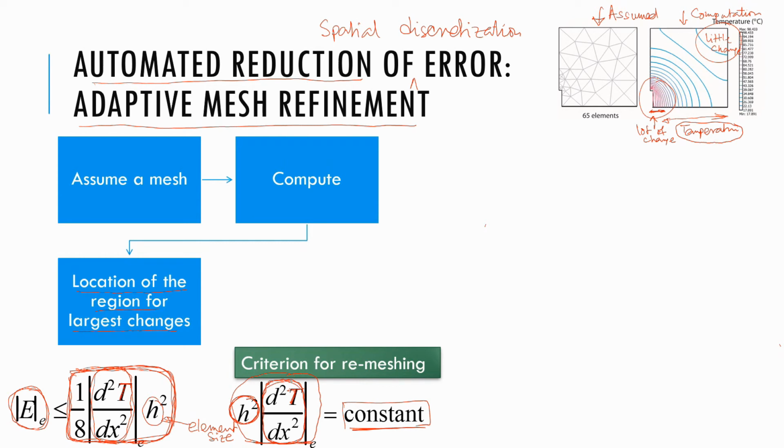Where d squared T dx squared is small, like in these regions where there's little change, I can make h, or the element size, bigger. So I can keep adjusting the element size based on the local solution.